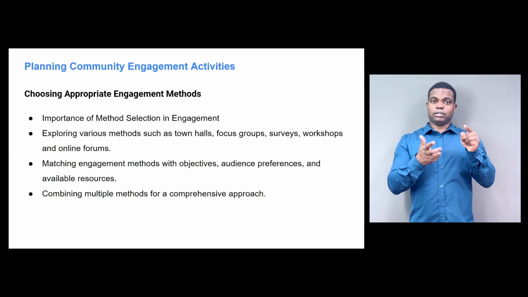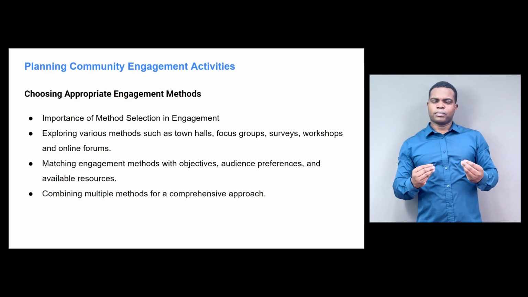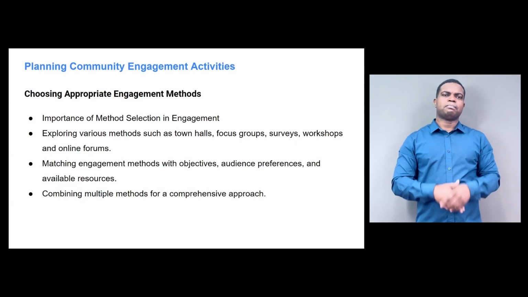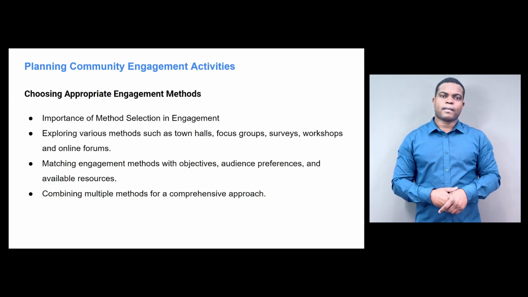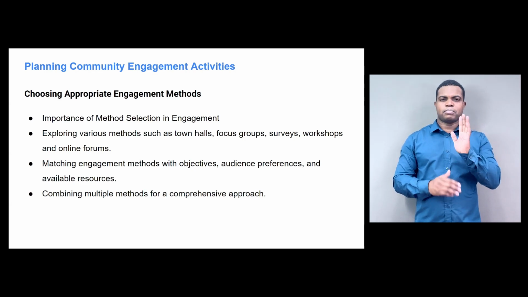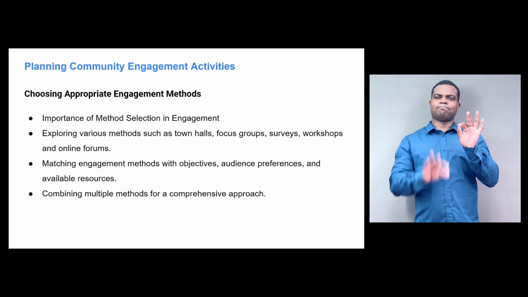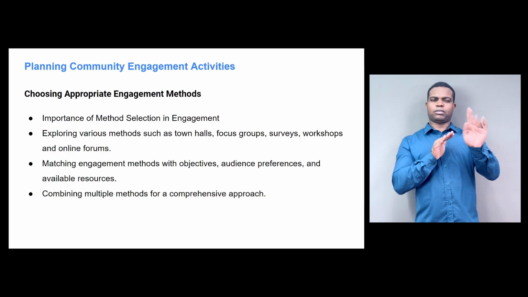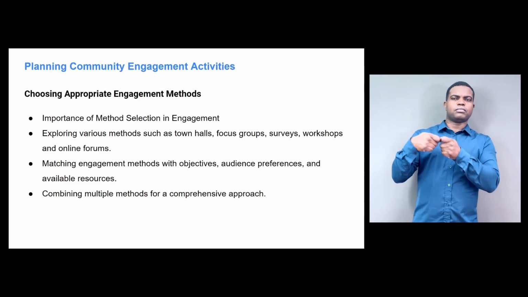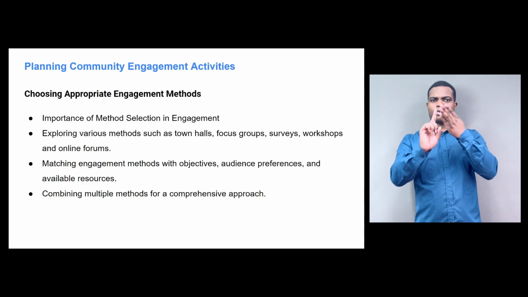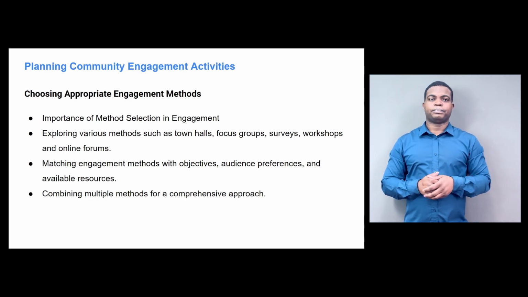Therefore, it is important to carefully consider the kind of method you want to use in your community engagement initiative. So it is important that you select an engagement method based on the fact that the voices of the community are heard and the desired outcome is achieved.